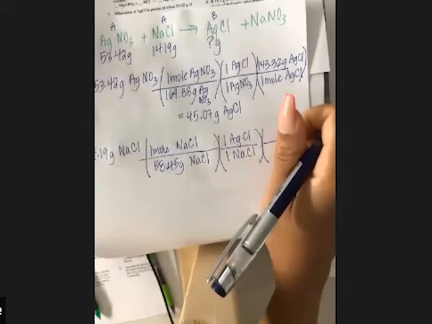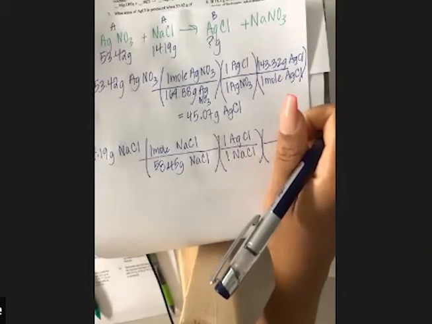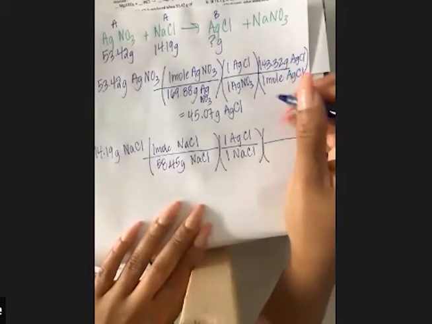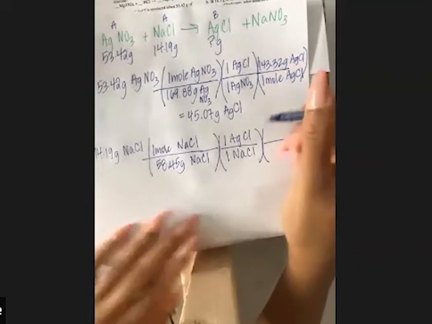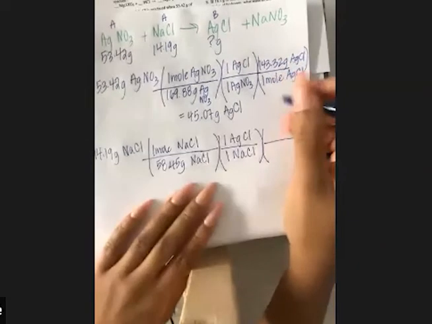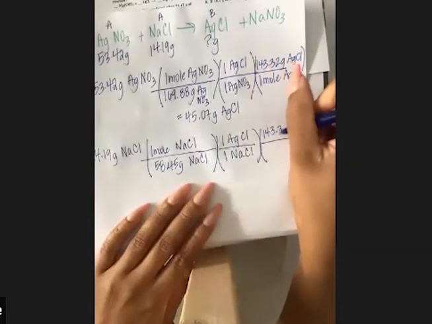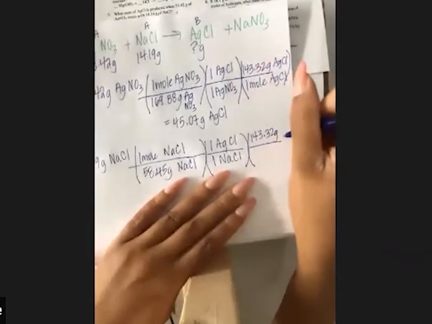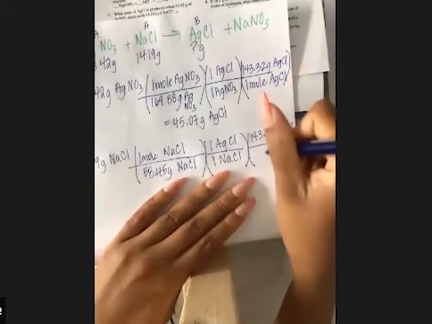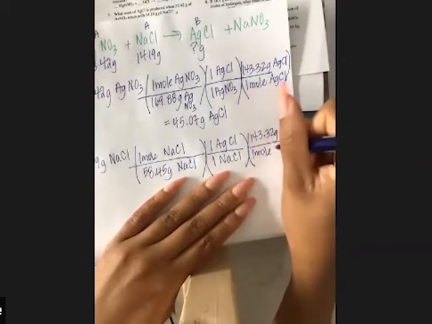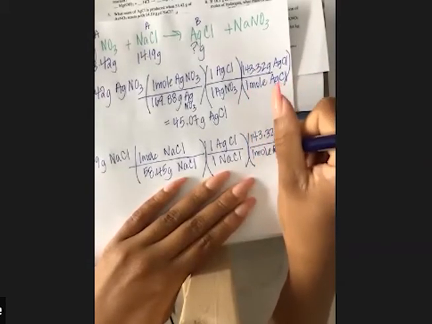And then the last step says we're going to use the molar mass of silver chloride, which we've already done. So all we're doing is copying this last step, which says 143.32 grams of silver chloride for 1 mole of silver chloride.